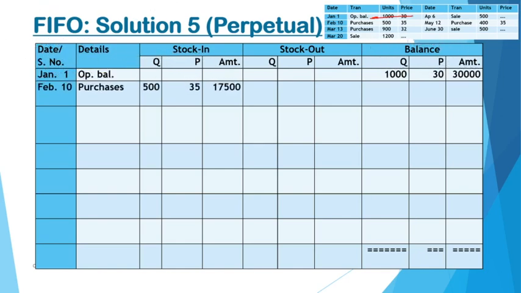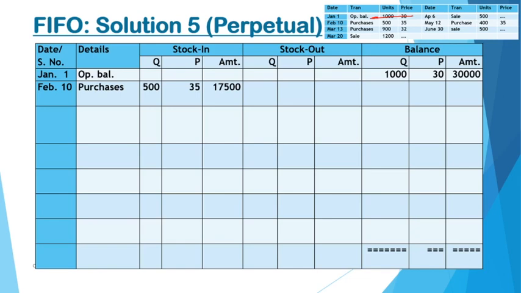Next is purchase. When you purchase, you are to record the balance. Now you can see you have two lots, 30 rupees and 35 rupees. Since we are following the approach that first acquired units must be sold first, we need to remember the flow of inventories. So while writing the balance, we will not club everything, because we need to know which lot came first, which lot came next.